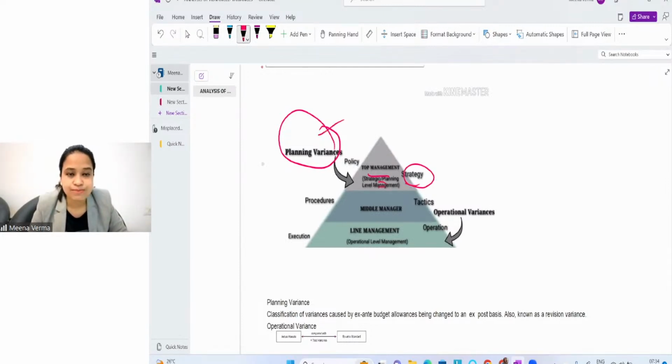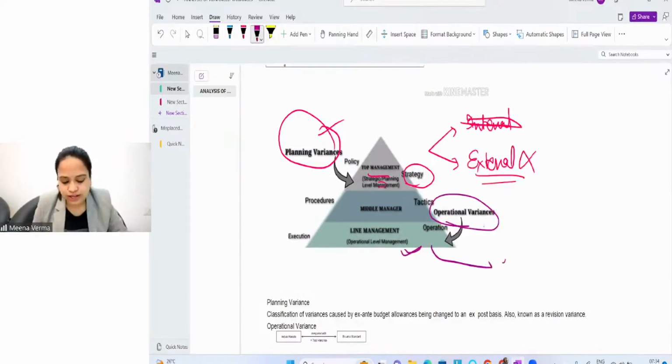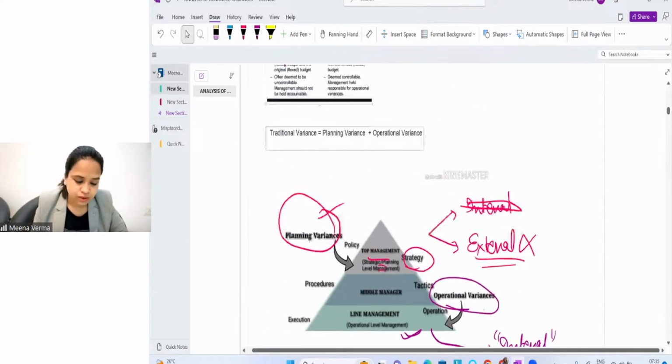Operational variation arises because of the internal environment, which is within the control of the company. अरे अंदर क्या हो रहा है हमें पता है ना, अंदर क्या हो रहा है वो तो कंट्रोल किया जा सकता है ना. So if something is affecting the organization and the reason is within the organization, we can control it, right?